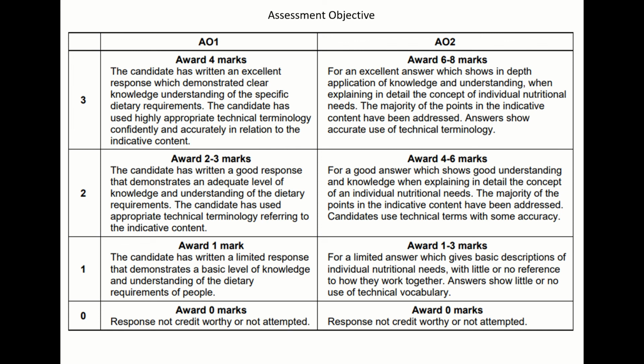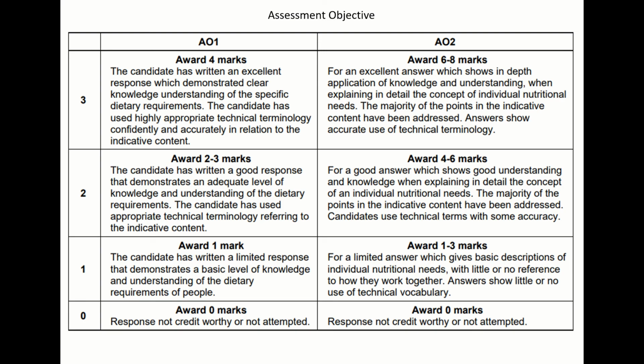This is the very last part of marking your answer. It doesn't mean if you've got 12 ticks that you've got 12 marks, because we now need to look at this grid here before awarding your final mark. Now AO1 and AO2 stand for assessment objective, and there are 4 of these assessment objectives that you are being tested across with your GCSE.